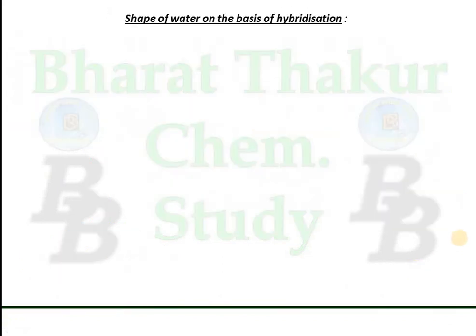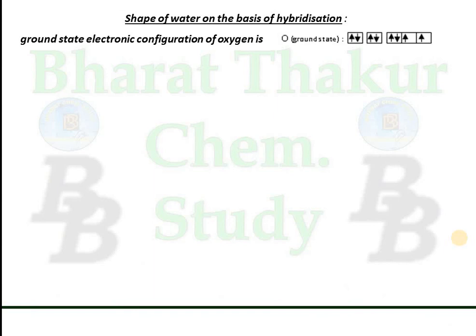Now let's study the structure of water on the basis of hybridization. The ground state electronic configuration of oxygen is 1s2, 2s2, 2p4. So here it is clear from the electronic configuration that oxygen is going to form 2 bonds with hydrogen atoms and it already has 2 half-filled orbitals.